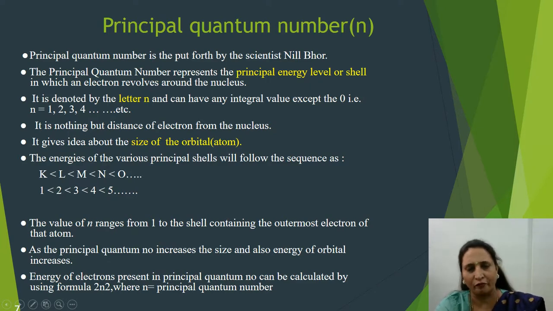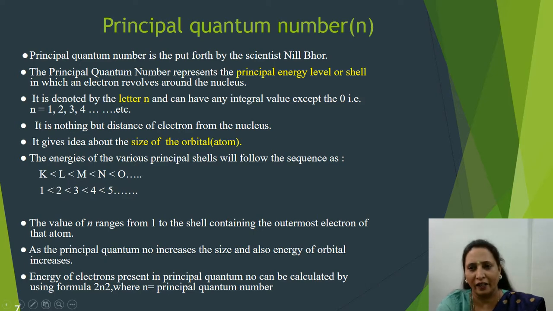The energy of the various principal shells follows this sequence: K shell, which is also called shell number 1, has lower energy than L shell, than M shell, than N shell and so on. That is, principal quantum number 1 has the lowest energy, the second has lower energy than the third, the third has lower energy than the fourth, and so on.